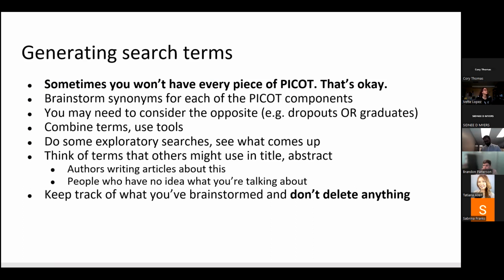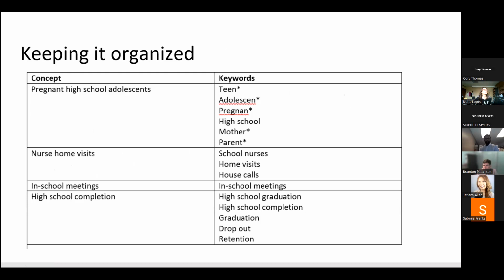So it's nice just to put down some searches and see what you get. Then think of terms that others might use in a title or abstract. I mentioned this before. And then keep track of what you've brainstormed and write it down and don't delete it, because it's nice to know what you've done. So when you come back to it, you don't do the same thing over without learning from some of those searches.